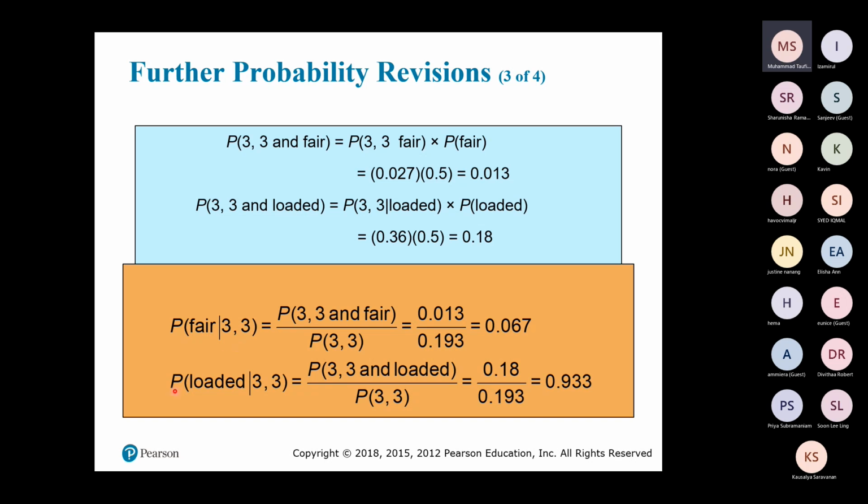So kemudian kita kira juga apakah kemungkinan kita akan dapat dadu yang diubah suai bila kita buat dua balingan, kita dapat 2 kali nombor 3. Okey, jadi kita nampak sini. Hasil daripada calculation ni, kita akan nampak kemungkinan untuk kita dapat dadu yang diubah suai tu jauh lebih tinggi daripada dadu yang normal.